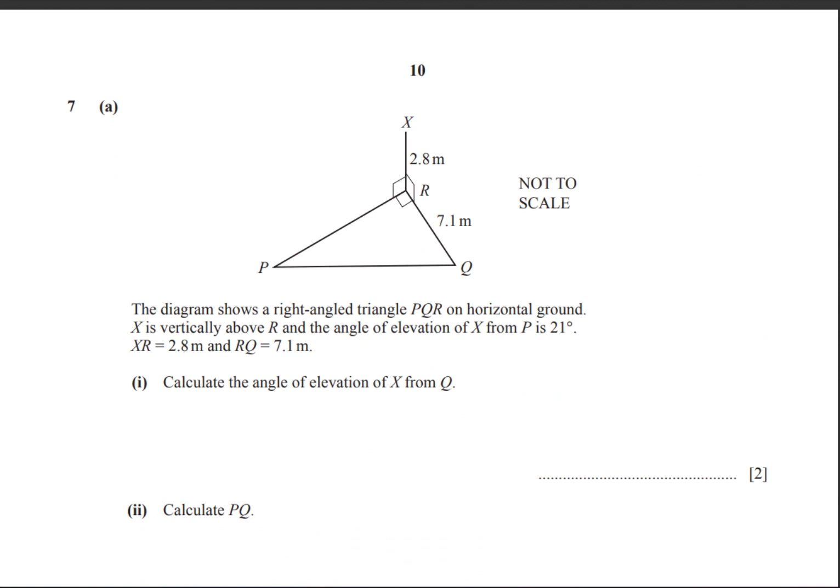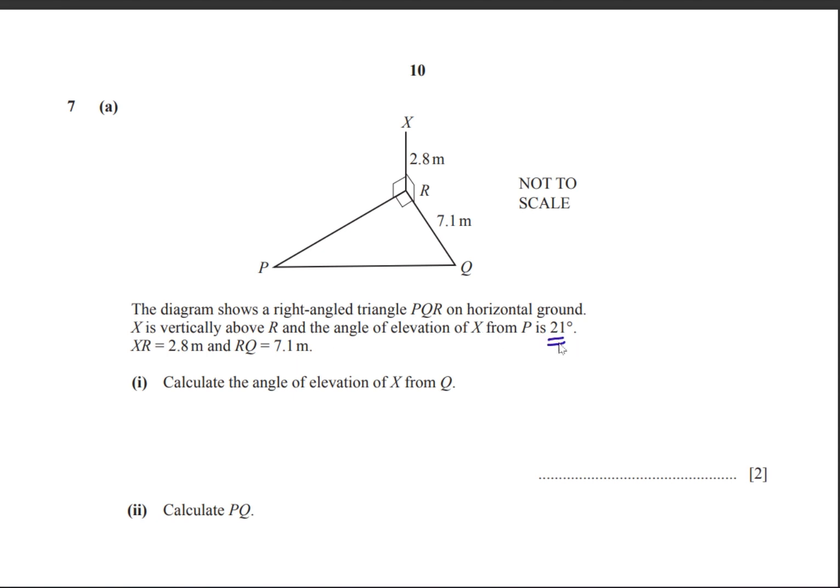For question number 7, he's telling me the diagram shows a right angle triangle which is PQR on horizontal ground, and X is vertically above R, and the angle of elevation of X from B is 21. So here there is a very important thing: where to put this 21.